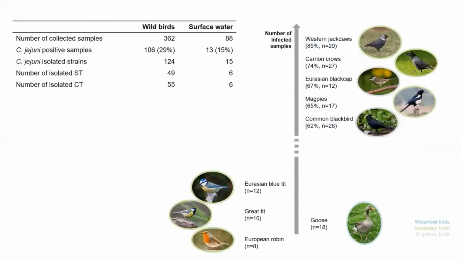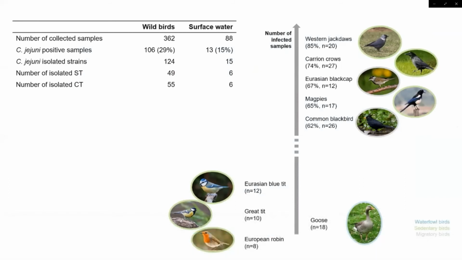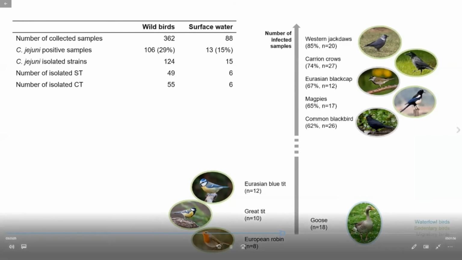In our collection of Luxembourg wild bird samples, 29% are colonized by viable Campylobacter jejuni. In comparison, Campylobacter jejuni is present in 15% of surface water samples collected. The most contaminated bird species are western jackdaws, carrion crows, Eurasian blackcaps, magpies, and common blackbirds.